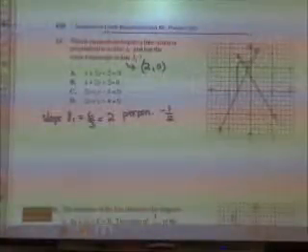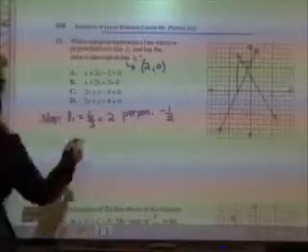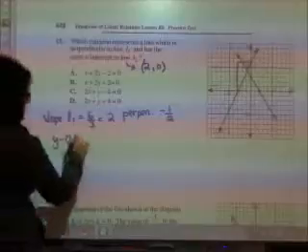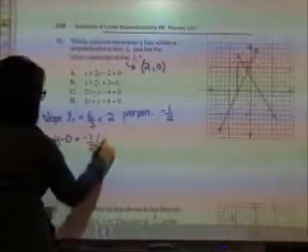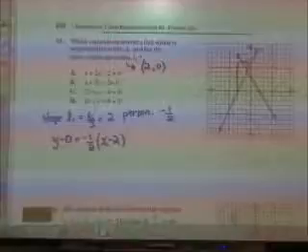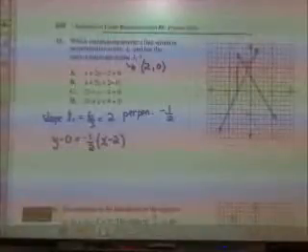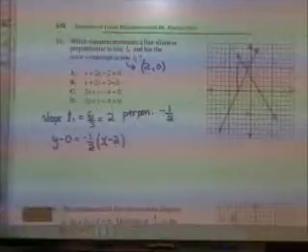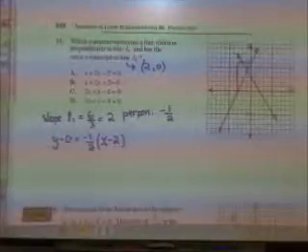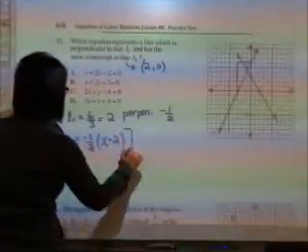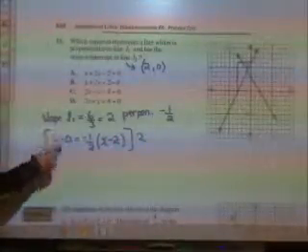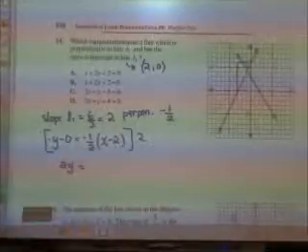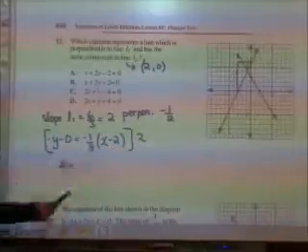So now I can use my point slope form of my equation. y minus y1, so y minus 0 equals negative 1/2 times x minus 2. So how do I get rid of this 1/2? Multiply everything by 2. This y minus 0 would just be y, which then I multiply by 2 and I get a 2y. What is 2 times negative 1/2?